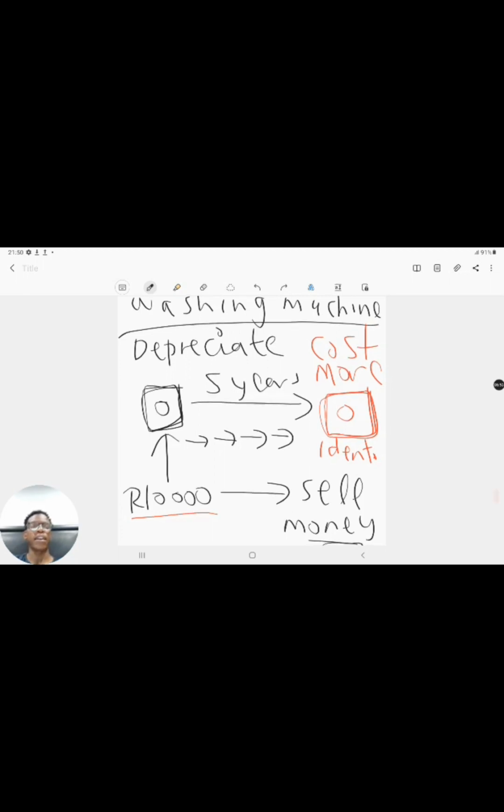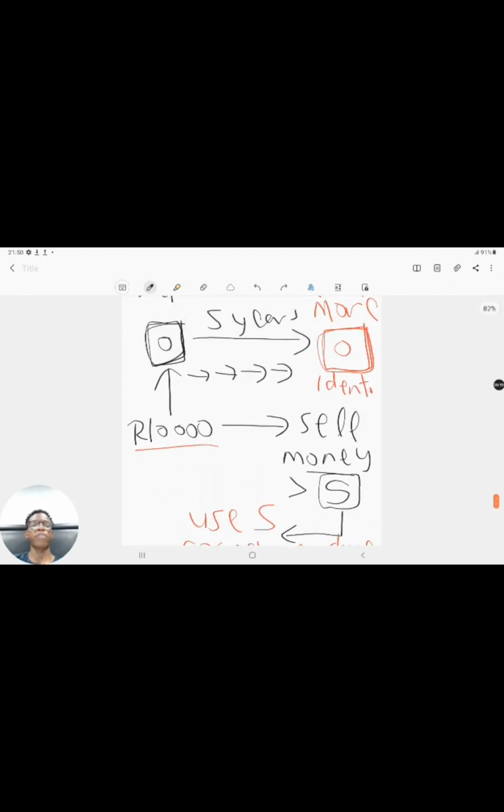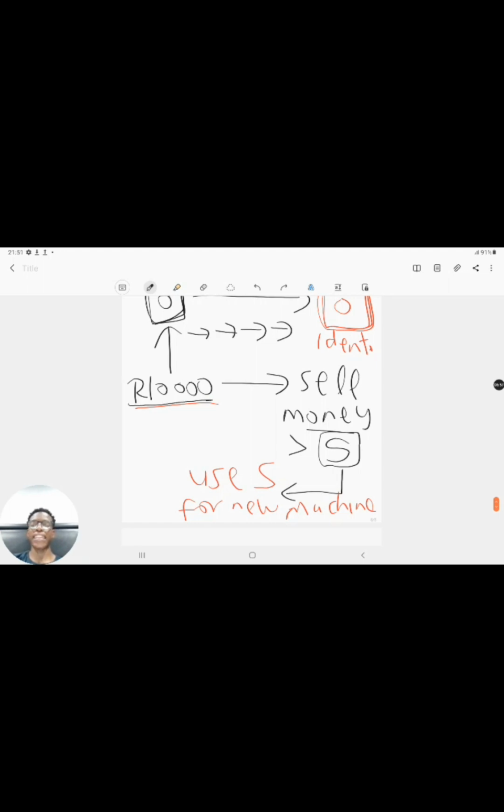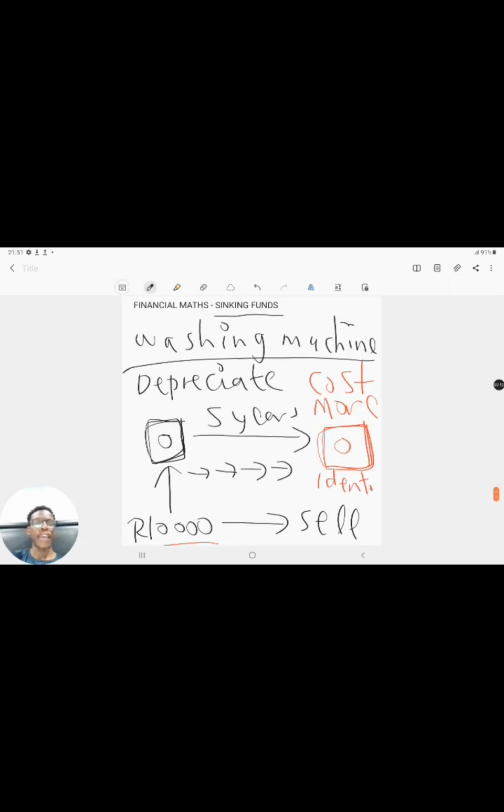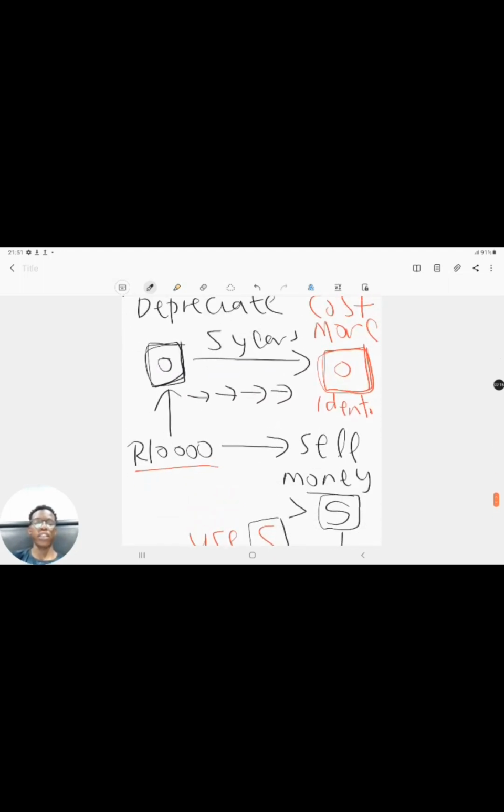The amount that you sell the machine for is going to be less than the amount that you bought the machine for. Doesn't matter, you sell it for whatever amount. That amount is S, and you want to use S to buy the new machine. But you can't, because, one, S is not enough to get you the new machine.